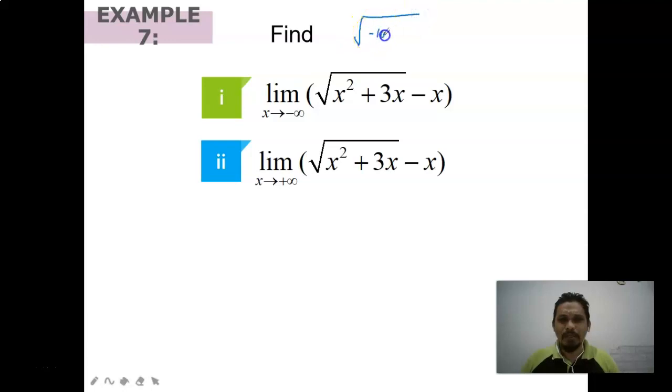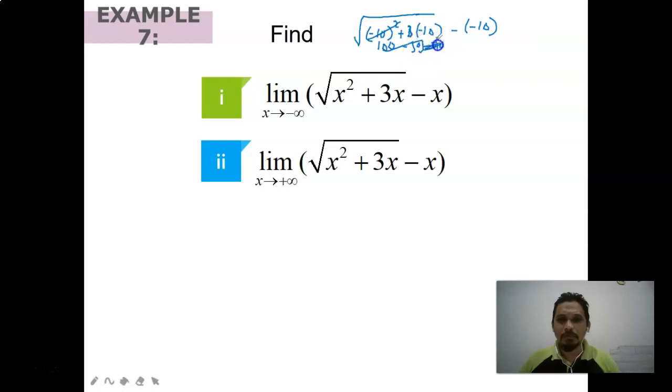Just imagine something like this: negative 10 squared plus 3 times negative 10 minus negative 10. Negative 10 squared equals 100, and 3 times negative 10 is negative 30, so 100 minus 30 equals 70.